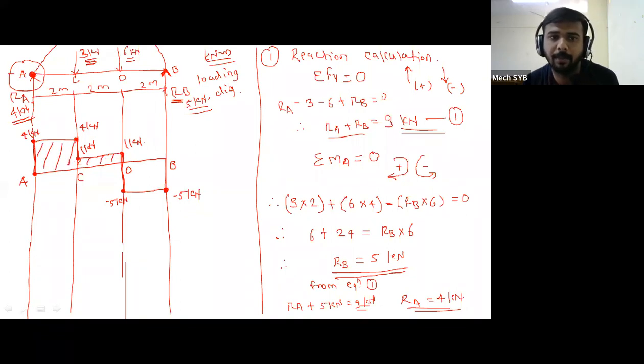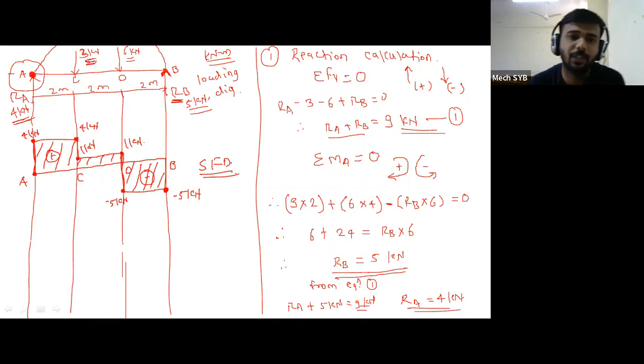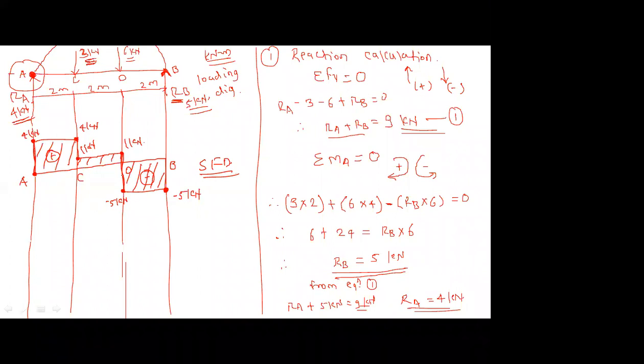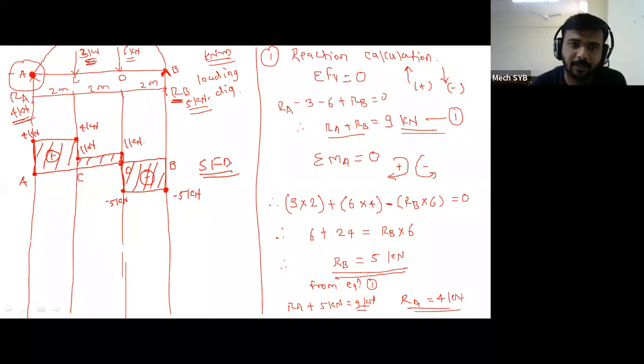For the portion of the diagram you have drawn, just show hatching lines. This is the positive region. This is the negative region. Okay, this is the positive and this is the negative, and this is called an SFD, that is shear force diagram. Now tell me, where will you get the point of contra shear? Point D. Actually, this is point D. See, at this particular point D, shear force changes its sign from positive to negative.